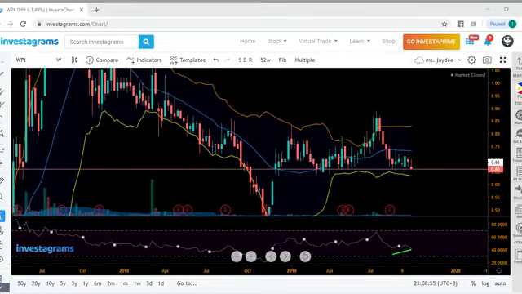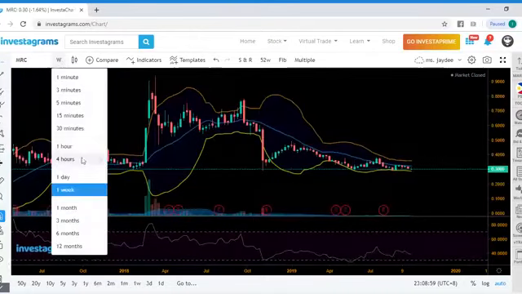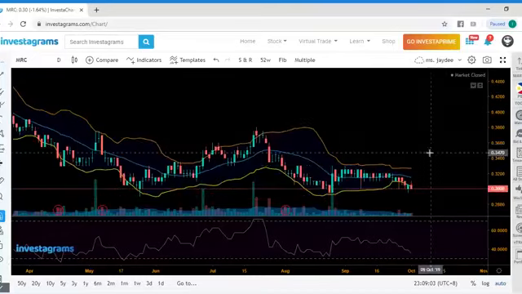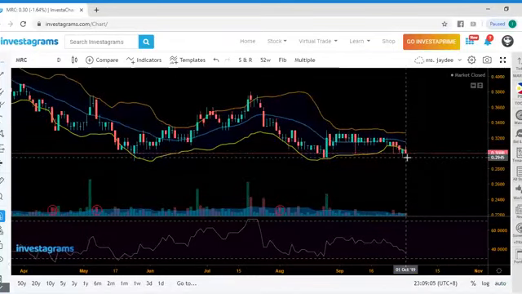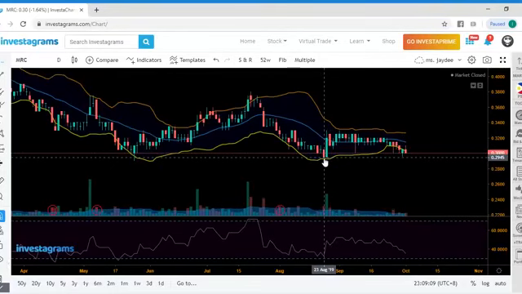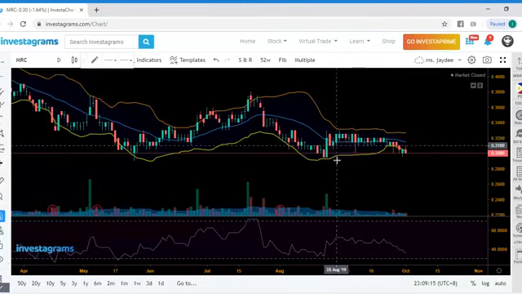WPI, MRC. Oh, MRC. I think MRC is going to dip again. It's challenging that lower Bollinger Band, so it might test this support one more time, the 0.2950 level.